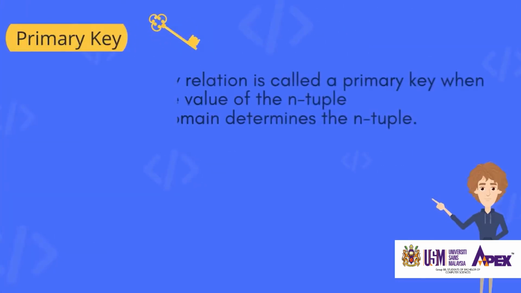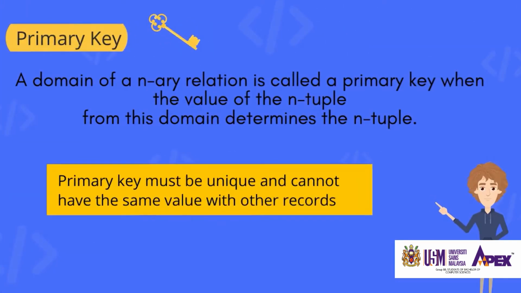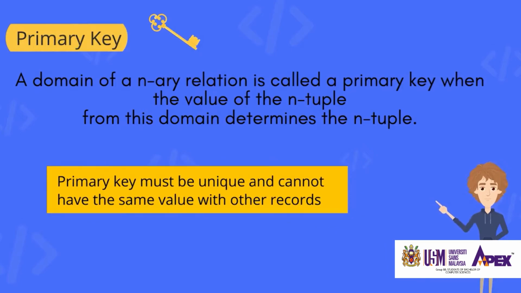After that is the primary key. A primary key is a domain of an n-ary relation when the value of the n-tuples from this domain determines the n-tuples. A primary key must be unique and cannot have the same value as other records. The function of a primary key is to identify or differentiate it from the other records.